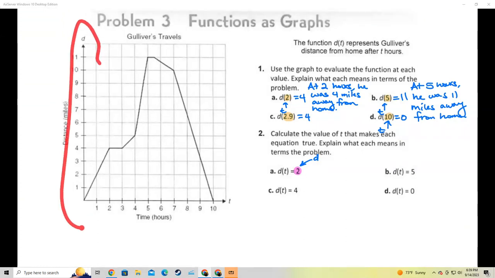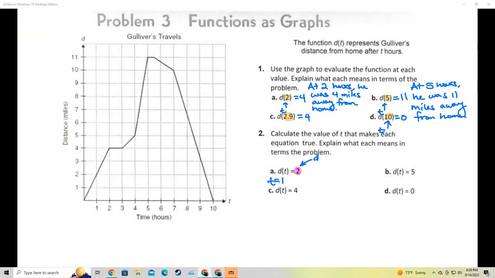Here are the d values, and I want to go up to 2. I see the 2 right here. I'm going to go left and right this time until I hit the graph. So I'm going to go right, right, right, right, right. And I know what happens at 1. So most students would write, oh, okay, t equals 1. Unfortunately, that's not entirely correct because let's take a look again.